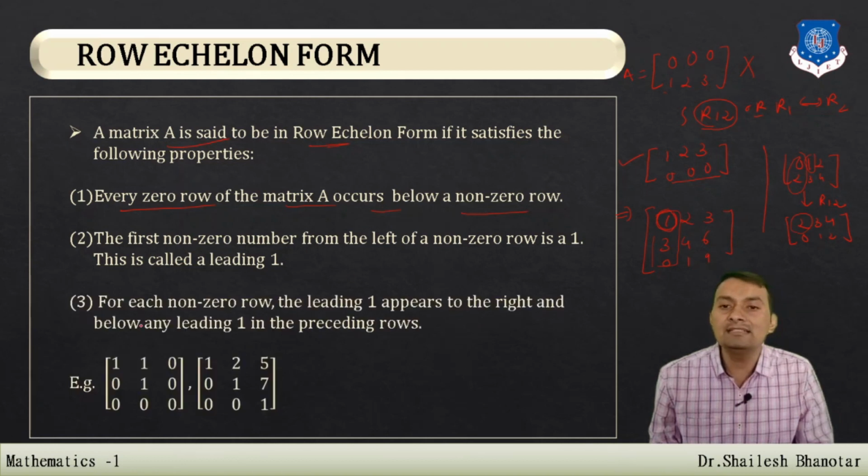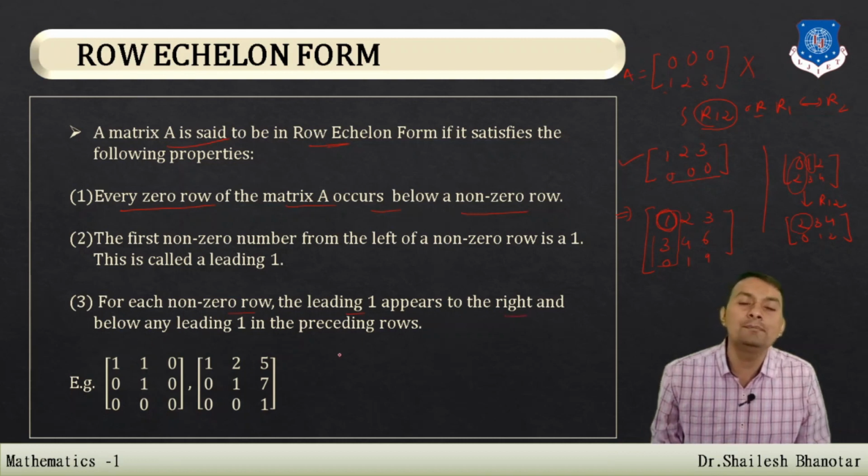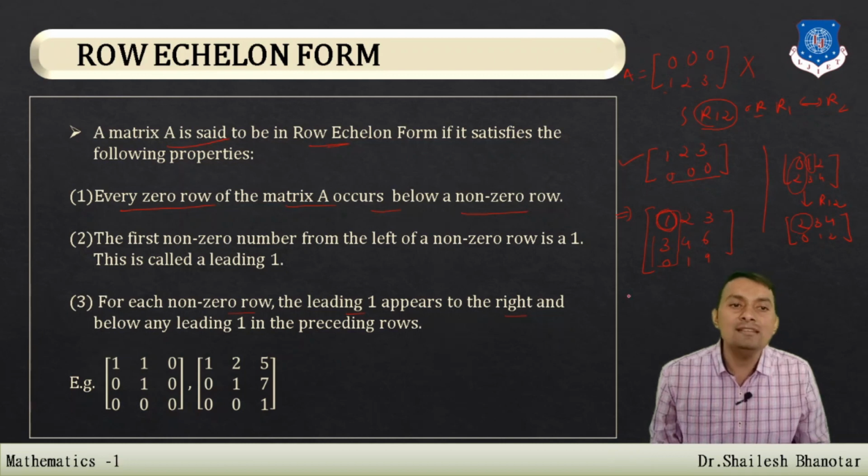The third condition says that for each non-zero row, the leading one appears to the right of and below any leading one in the preceding rows. What does it mean? Whenever we find the leading entry in the first row, below that we must have 0. Concentrate on this matrix: 1 2 3, 3 4 6, 0 1 9.